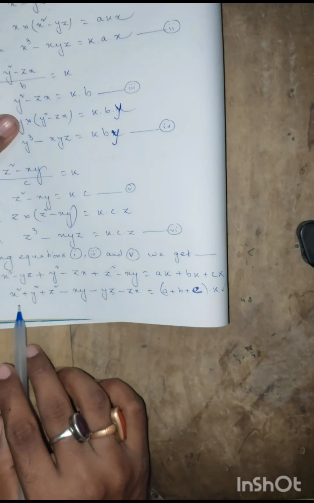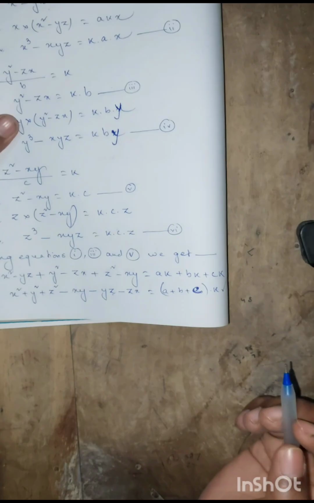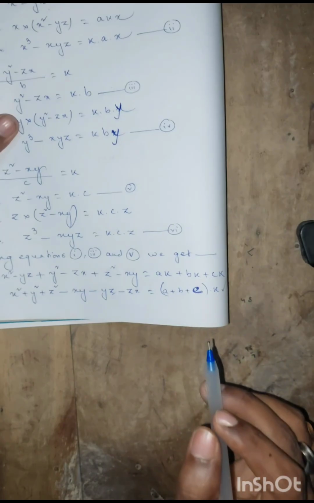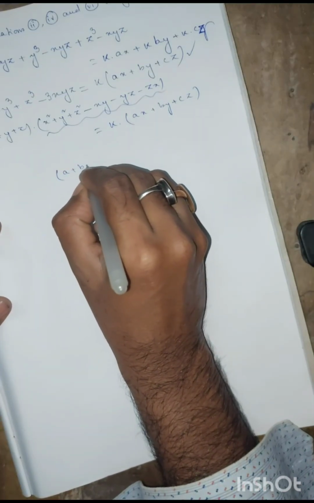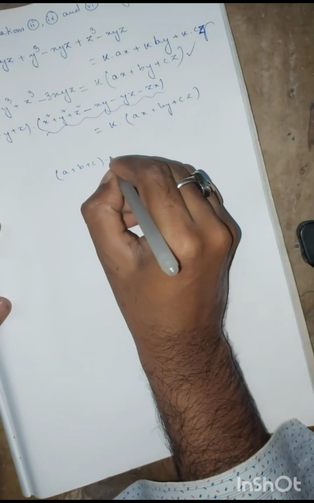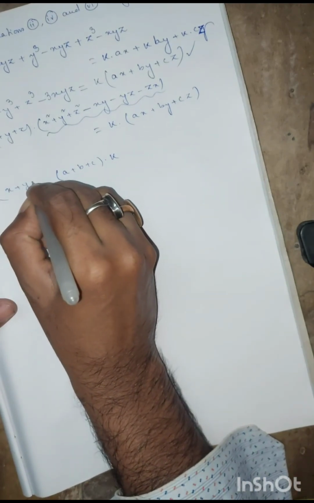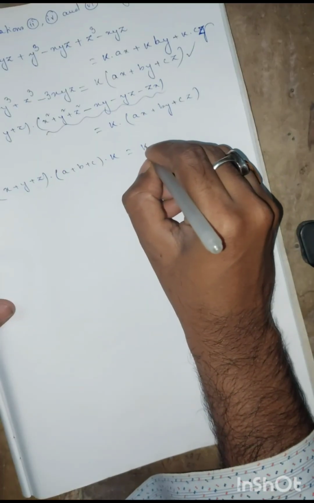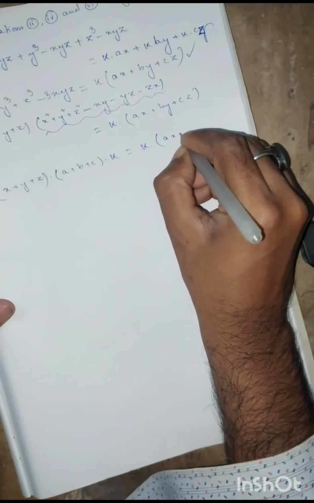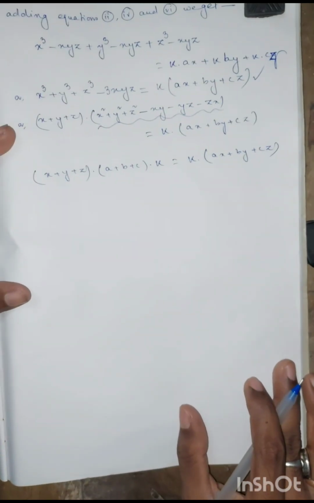So in place of x square plus y square plus z square minus xy minus yz minus zx, we can write (a plus b plus c) into k, and x plus y plus z equal to k into (ax plus by plus cz).